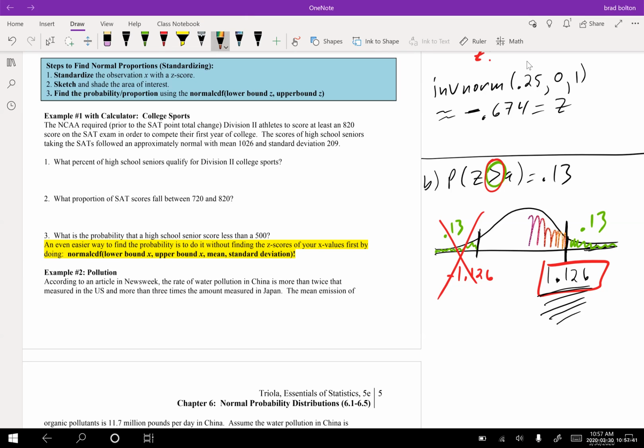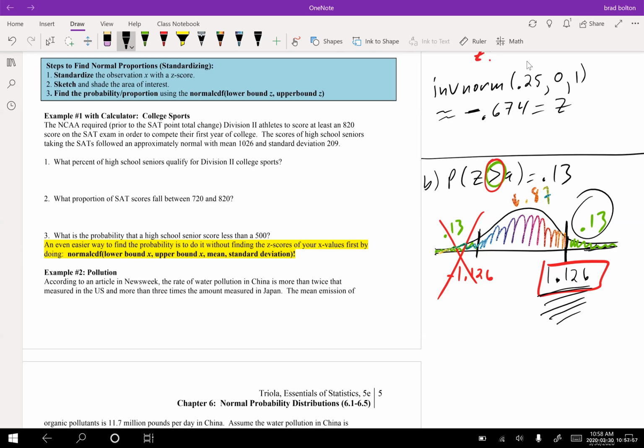If I shade this area this way, there's 87% or 0.87 area this way, okay? But I don't care about the 87, I care about the 0.13, okay?